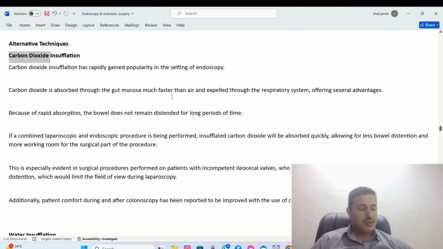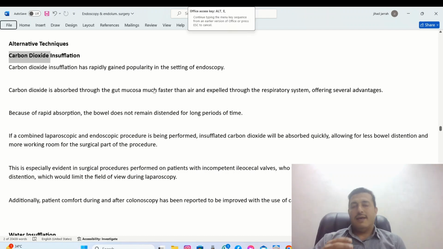The advantage of carbon dioxide is that it is rapidly absorbed in the bowel and expelled through the respiratory system, and this gives several advantages: less pain, and less bowel distension and discomfort.